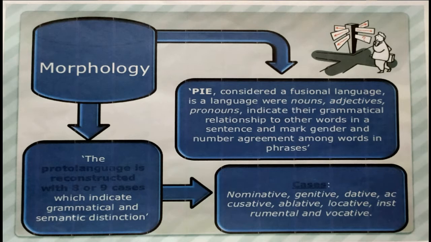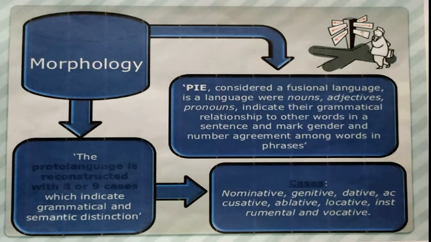The proto-language is reconstructed with several cases which indicate grammatical and semantic distinctions. In its reconstructed form, Indo-European morphology was very complicated. As we see, there were about 9 cases, and the structure of the word was also very complicated.